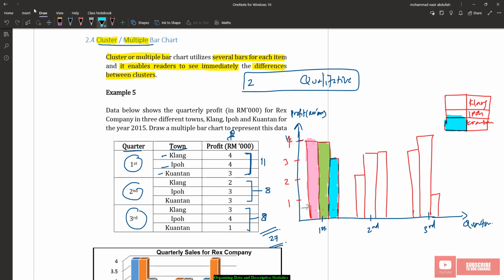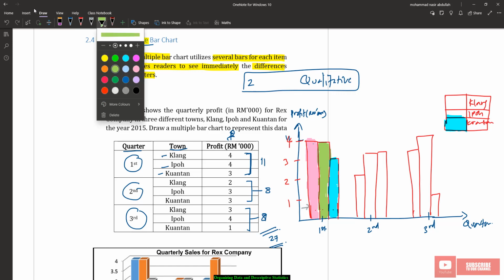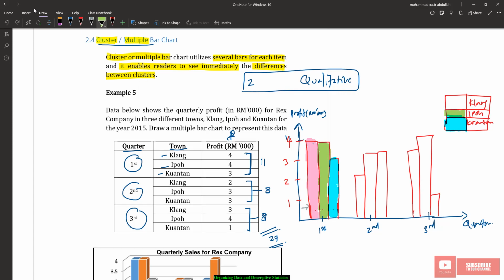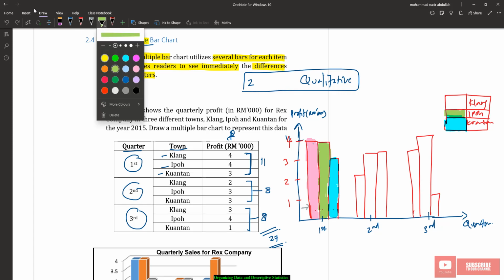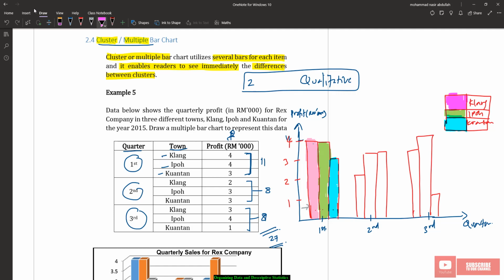This is the blue colour for Kuantan, and then green colour is for Ipoh, and the last colour which is pink colour for Klang. So when people see this graph, people will know the pink colour is representing Klang, green colour representing Ipoh, blue colour is representing Kuantan. And this is the cluster bar chart.